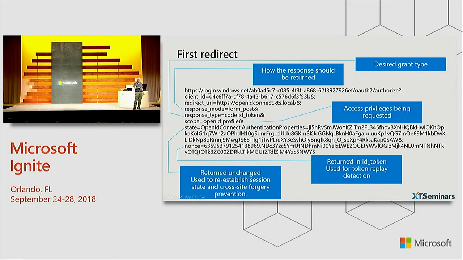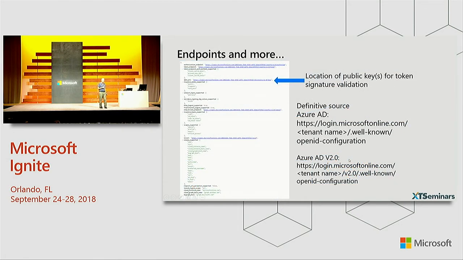So now we say, hey, we never sent that nonce, so this token must be being replayed from somewhere else. It's been captured somewhere else and is being played against us. So again, we reject it. Really important that we properly validate the token, validate the state and validate the nonce. So that's pretty much the first redirect. So where do we go to? Well, we need to go to some endpoints.